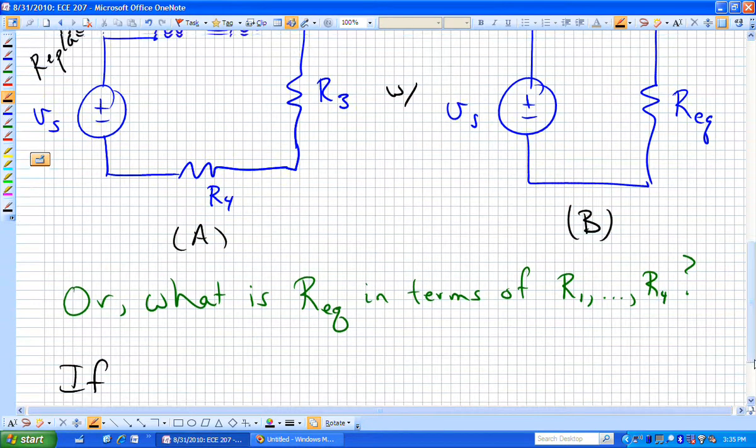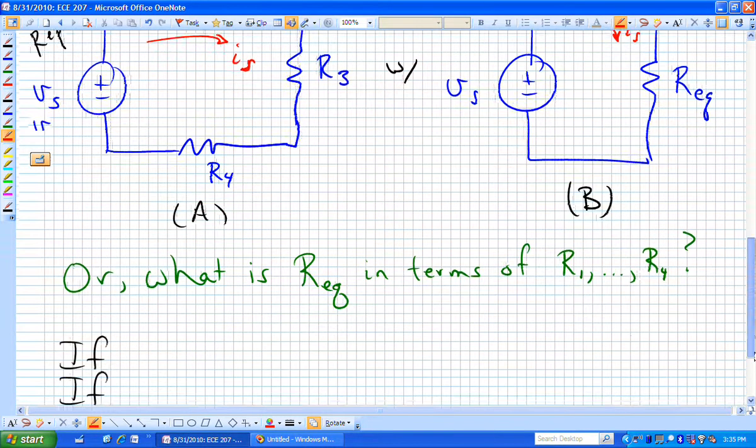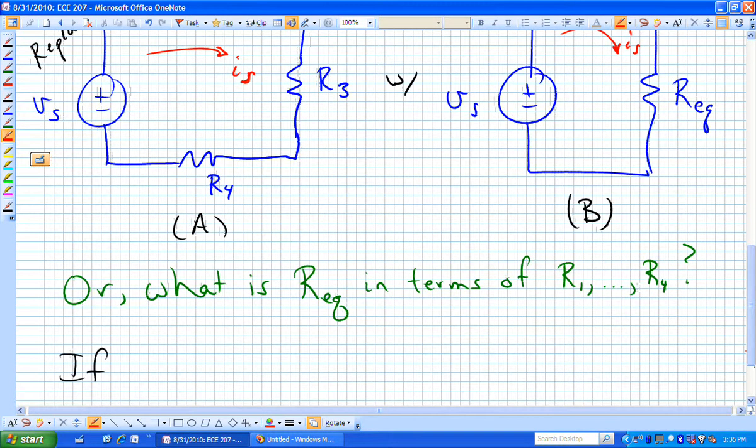If you go back and look at those circuits and think about how you would have analyzed those using Chapter 1 techniques, you might be interested in the current that's flowing in those circuits. And if our replacement resistor, R equivalent, can be considered equivalent to the other four, then what we would like to think is that this current flowing in both circuits is the same. Obviously, we would want that current to be flowing in the same direction.